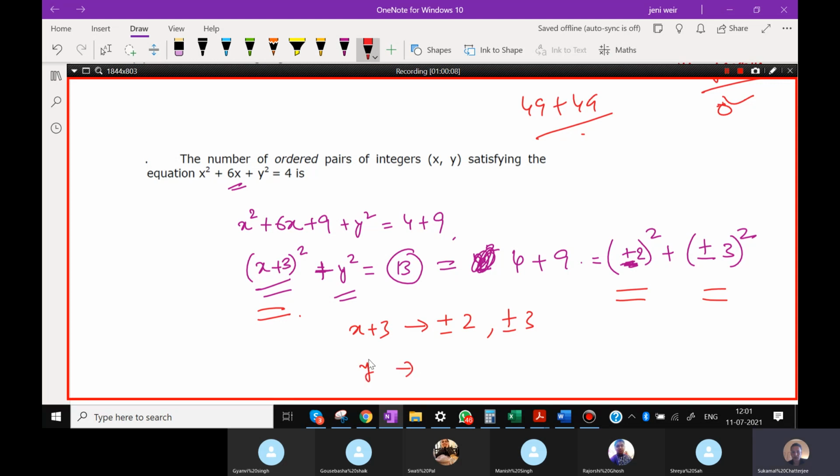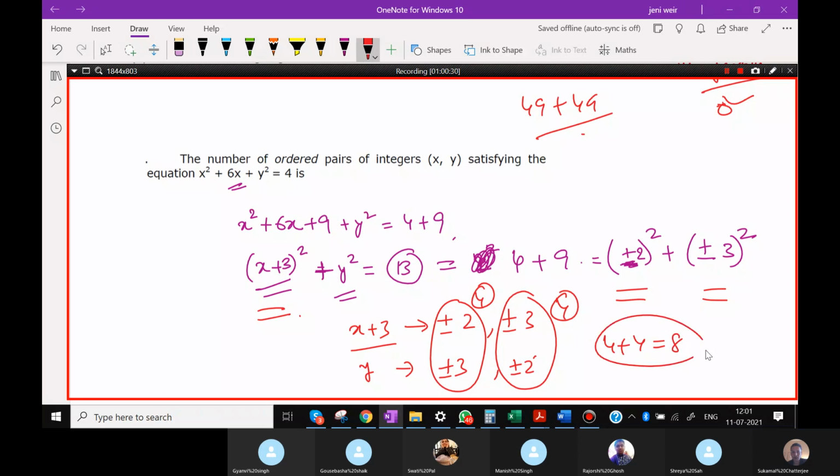And y can have, if x plus 3 is plus or minus 2, y will be plus or minus 3. So that means combinations will be 4. And if x plus 3 is plus or minus 3, y would be plus or minus 2. So again, combinations of 4. So 4 plus 4, 8.